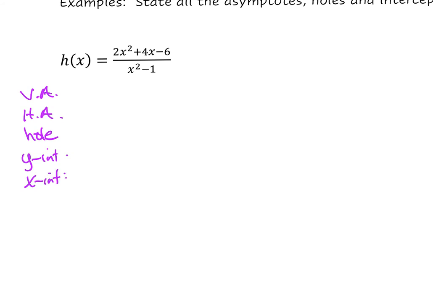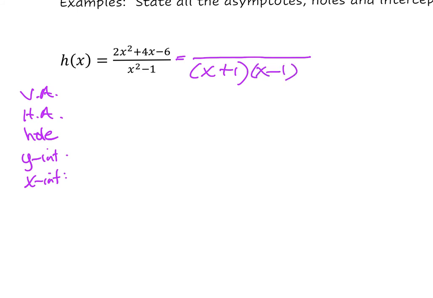When I'm trying to find my vertical asymptotes, the first thing I'm going to do before I list any of that is see if anything can be factored and put in simplest form. The bottom's easy because that one factors into x plus 1, x minus 1.